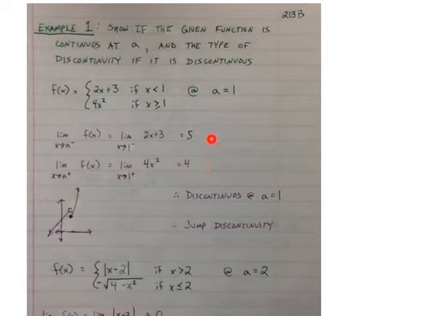Because these two limits do not equal each other, we can immediately state that the function is discontinuous at a equals 1. A quick graph will show us that, in fact, we do have a jump discontinuity for that function.